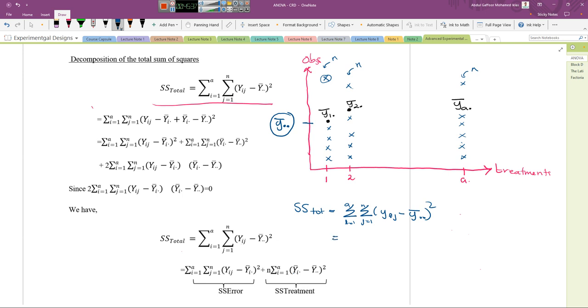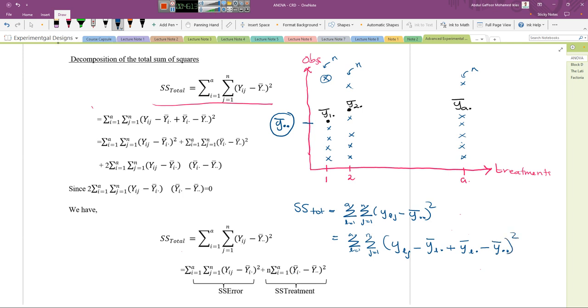Now the modification is, summation i equals 1 to a, summation j equals 1 to n, I am going to just subtract and add yi dot bar, right? Yi dot bar means the ith treatment mean, right? So (yij minus yi dot bar plus yi dot bar minus y double dot bar) squared.